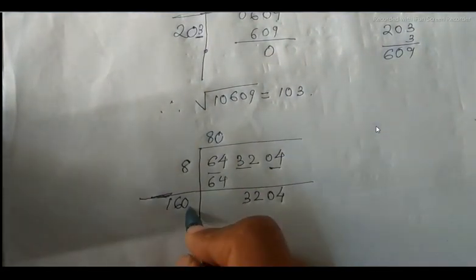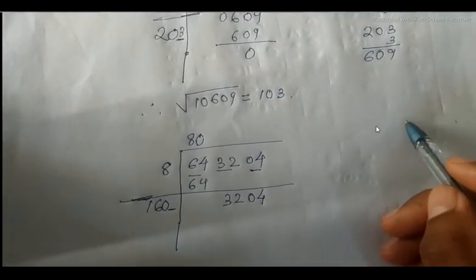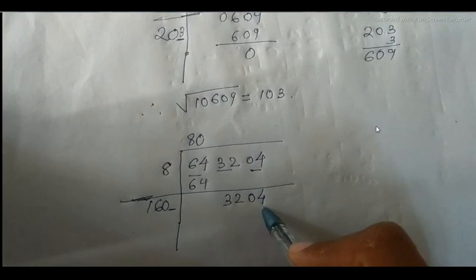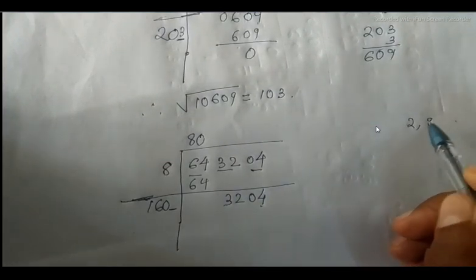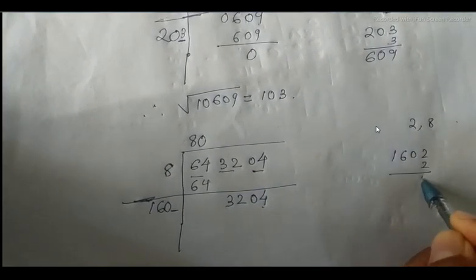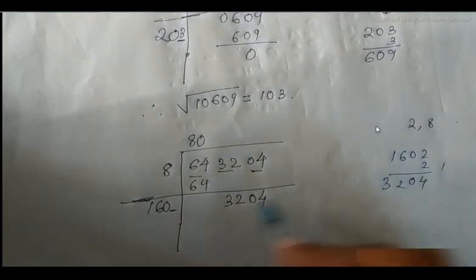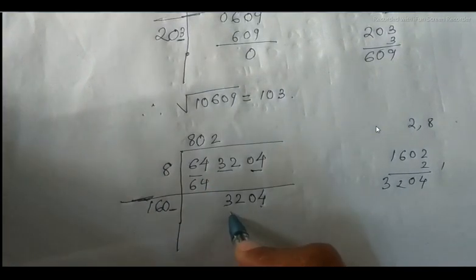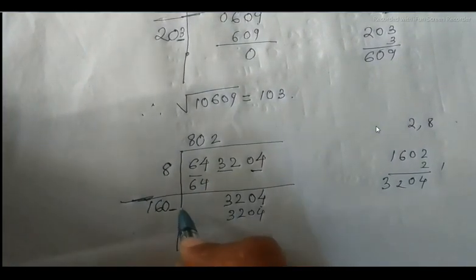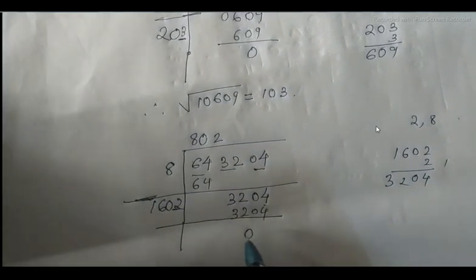So we have to think of this digit now. Since the unit digit ends here with 4, I will check by only 2 and 8. 1602 into 2, 2 2s are 4. So it goes by 2. 3204 minus 3204 is 0.